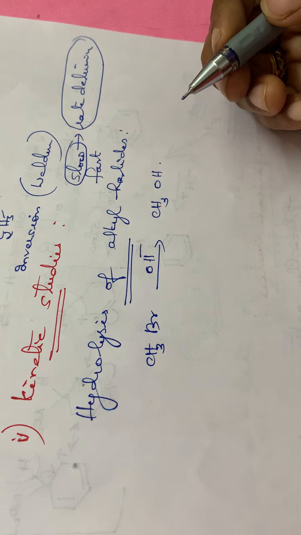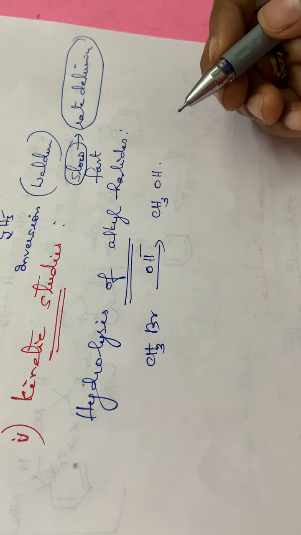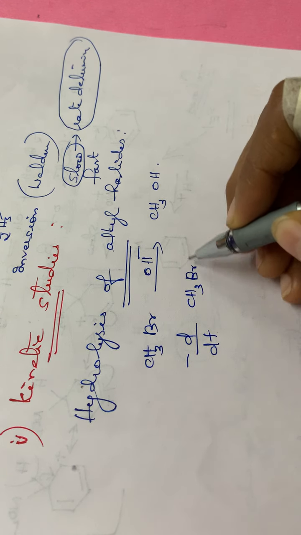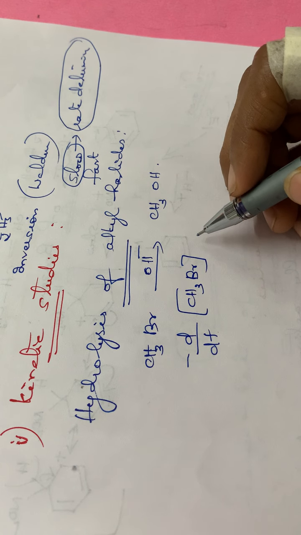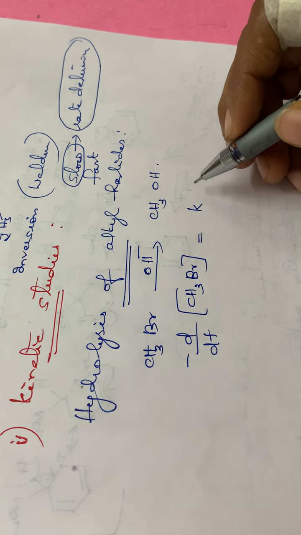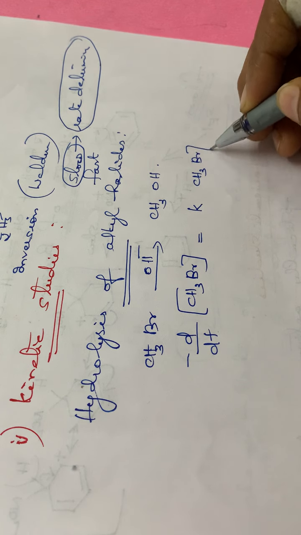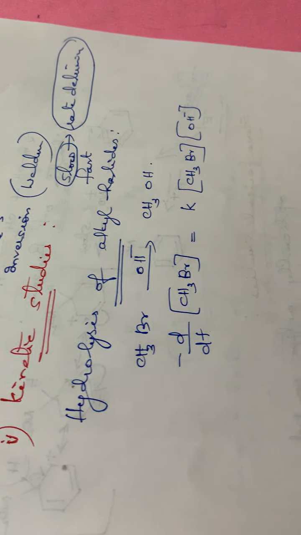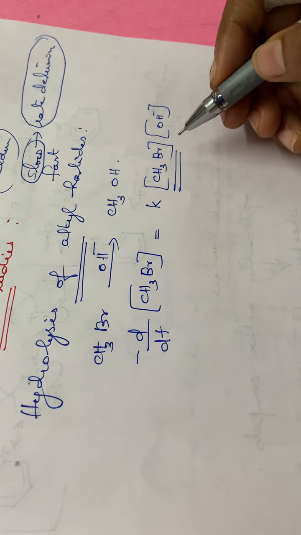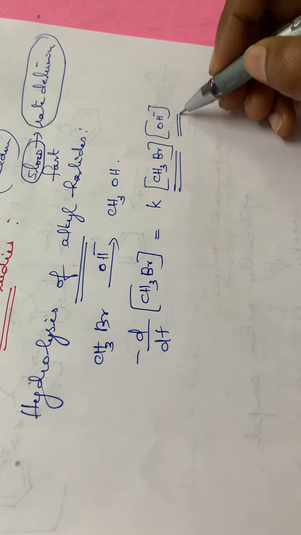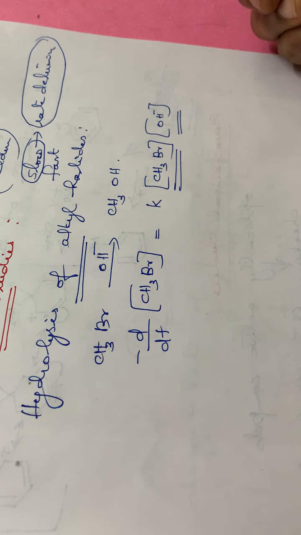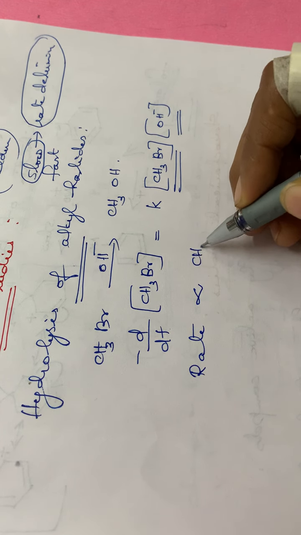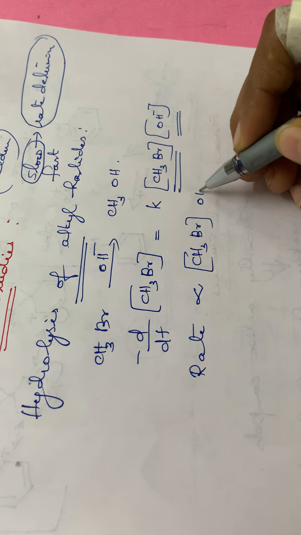Okay, so here the rate equation can be written like this: minus d by dt of CH3Br is equal to the rate constant K into concentration of CH3Br into concentration of OH minus. So here we can say that the rate depends upon the concentration of the substrate, the alkyl halide, as well as the concentration of OH minus.